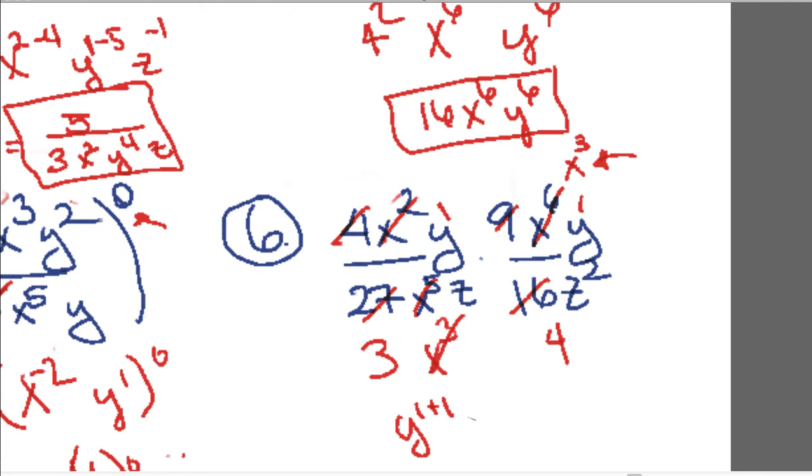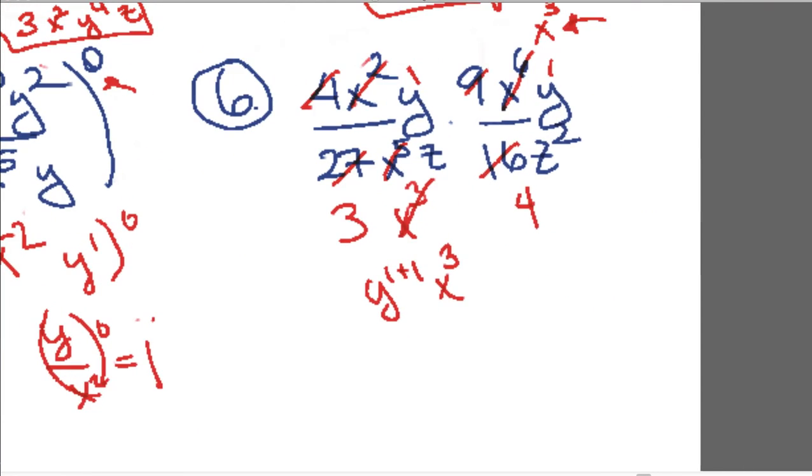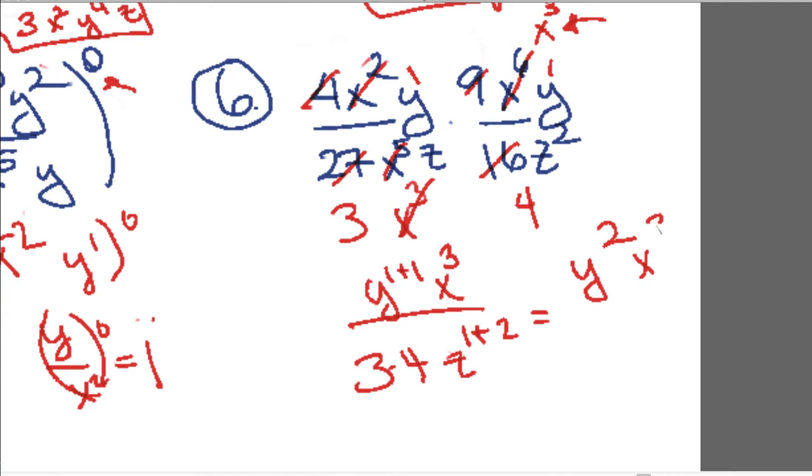So we would have x cubed over 3 times 4, and then no x's left, but we do have a z to the 1st times a z squared, and since they're multiplied, you add their exponents. So you get y squared x cubed over 12 z cubed. And that should be your final answer for that one.